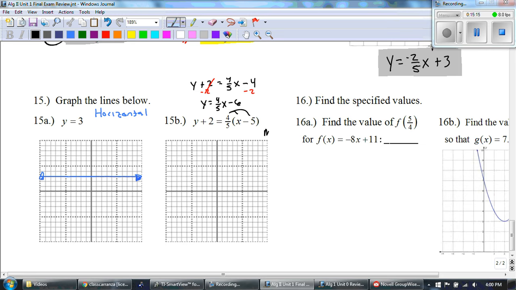So that tells me my slope is 4/5, which is up 4/5, and then our y-intercept is 0, -6. So at -6 is where we start, and then I go 1, 2, 3, 4/5. 1, 2, 3, 4/5. And I want to do that in both directions, as many points as I can, and then I'm going to draw my line. Okay?